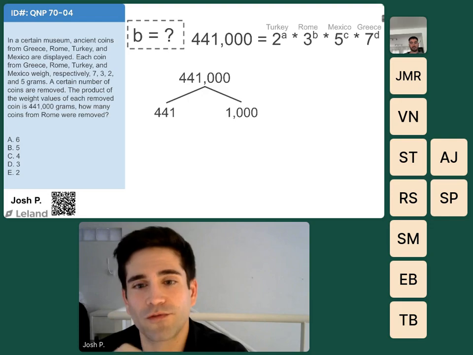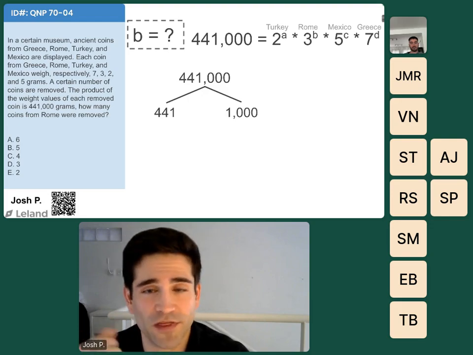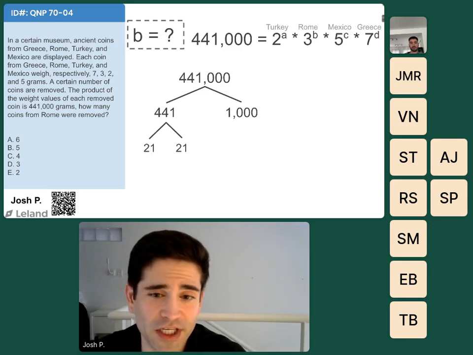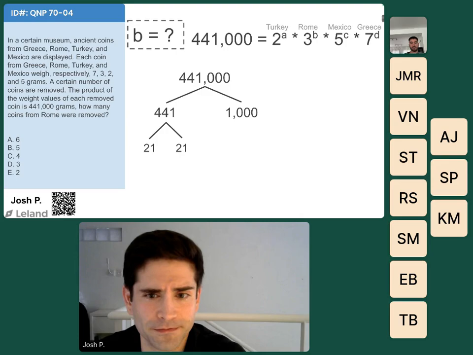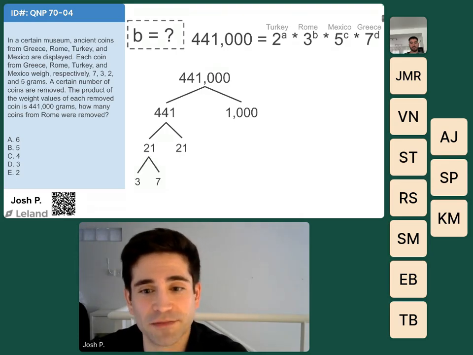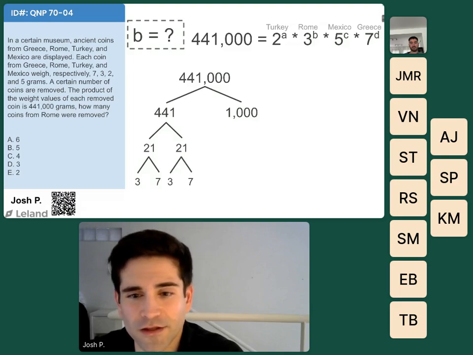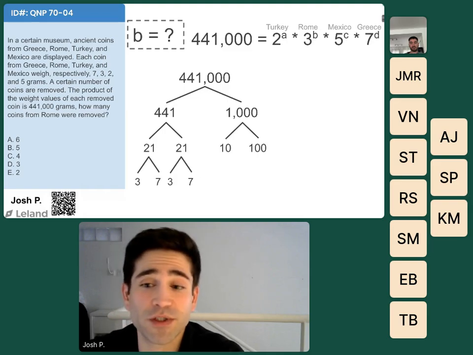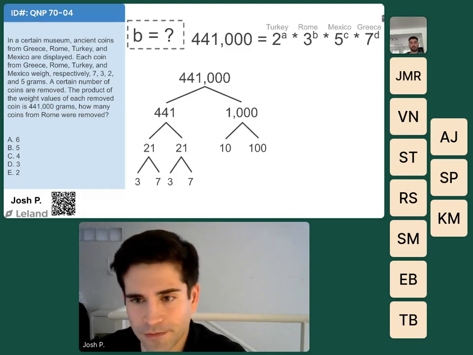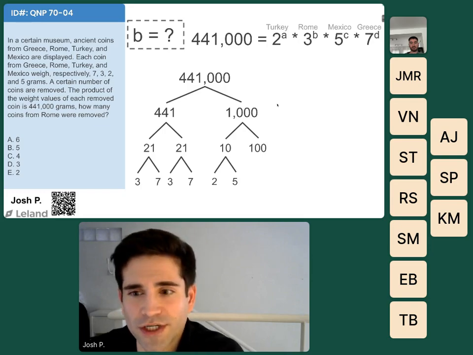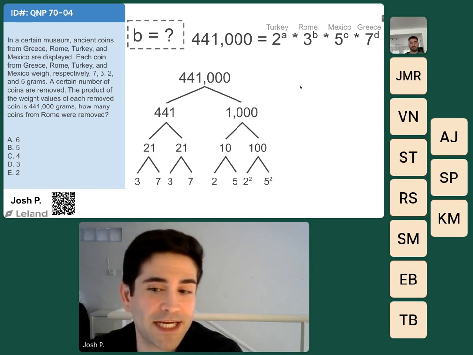441,000 is equal to 441 times 1,000. 441 is equal to 21 times 21, and 21 is equal to 3 times 7. 1,000 is equal to 10 times 100. 10 is equal to 2 times 5, and 100 is equal to 2 squared times 5 squared.